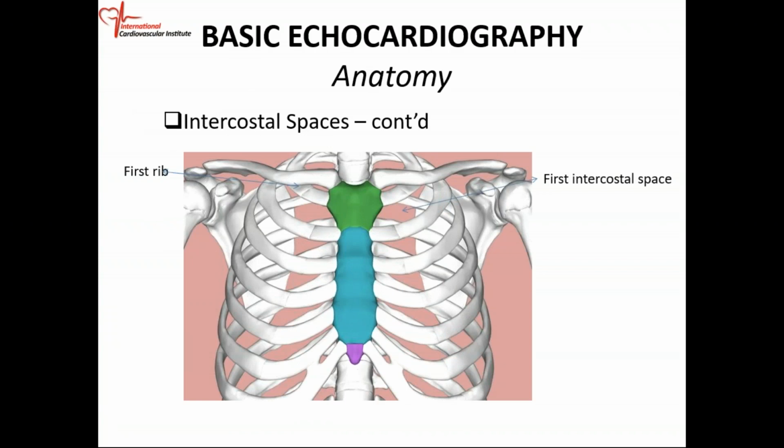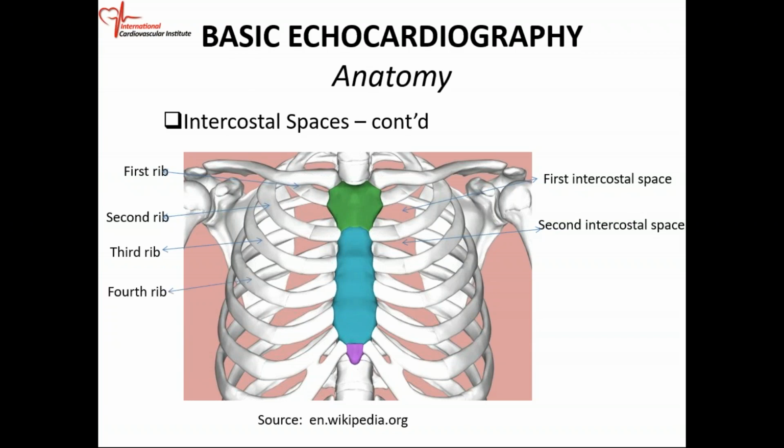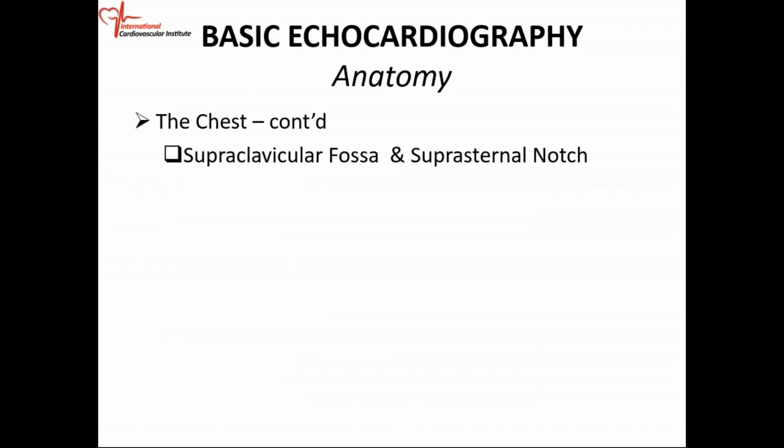The fourth intercostal space is between the fourth and the fifth rib. These are important bony landmarks and spaces that we're going to refer to very frequently.